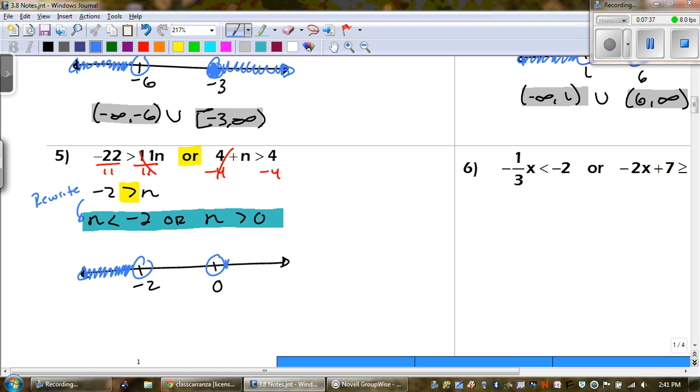And at 0, we're open and we shade to the right. Why don't you guys see if you can do the interval notation all on your own? You get -infinity to -2, both of those are open, and 0 to positive infinity, we're open there too.